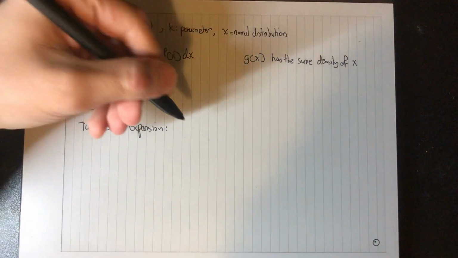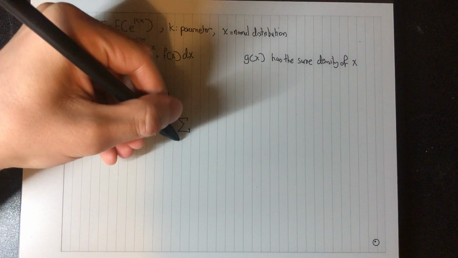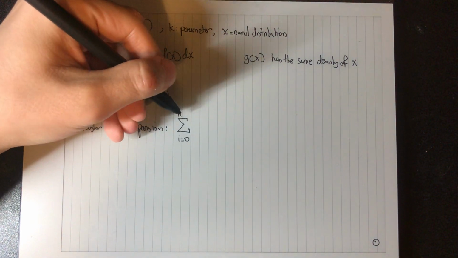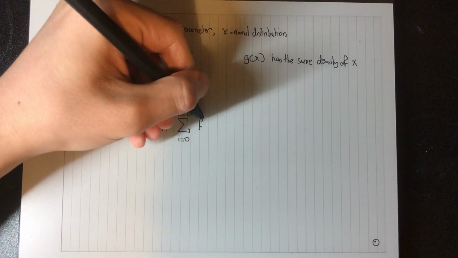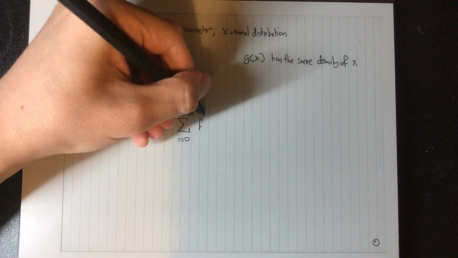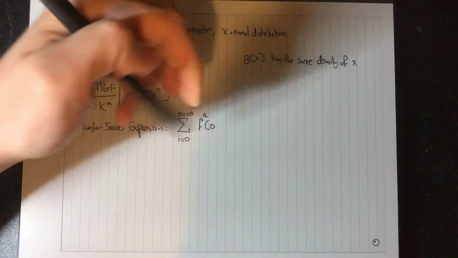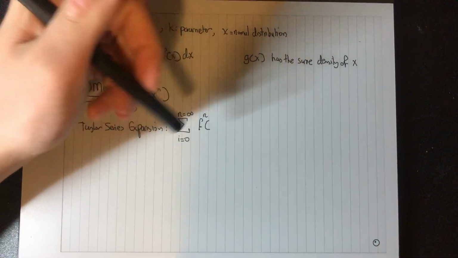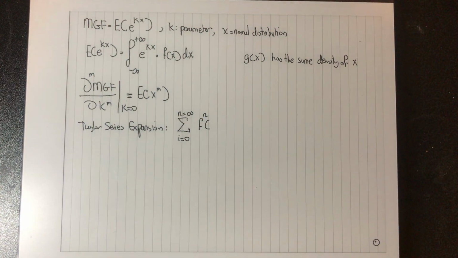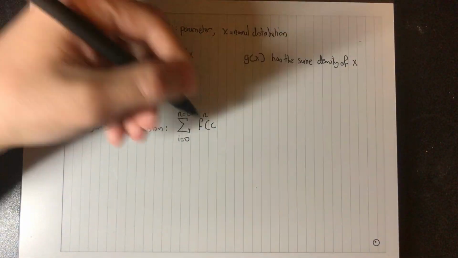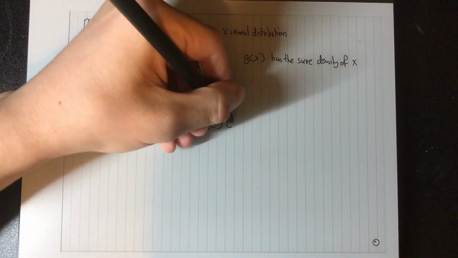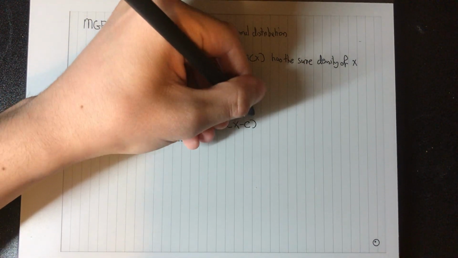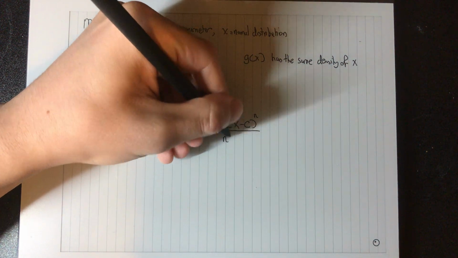Well, the Taylor series expansion is the sum going from n equals 0 to infinity of the derivative of order n of the function which we are trying to approximate, evaluated at point c, where c is basically any point on the x-axis, multiplied by x minus c to the power of n over n factorial.